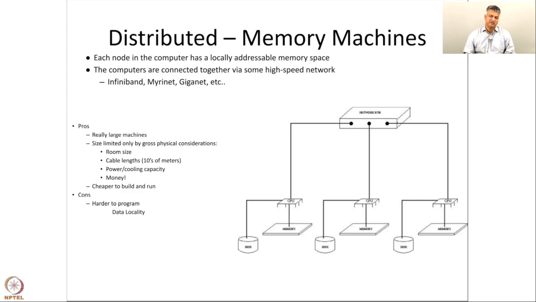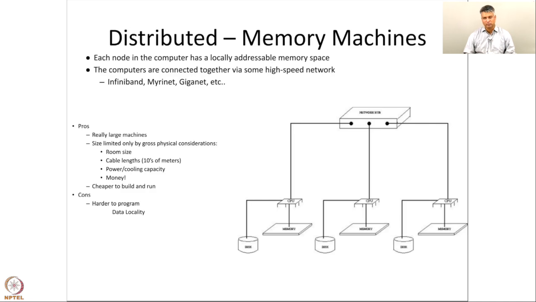In shared memory machines, we had discovered that there is an upper limit to the number of processing cores that one can have. And that is usually determined by the silicon wafer technology or the microprocessor technology. Here, the only thing that limits us is physical conditions such as the amount of room we have, the power and cooling capacity we have, and most importantly, how much money we have.